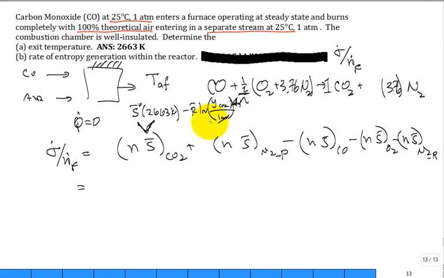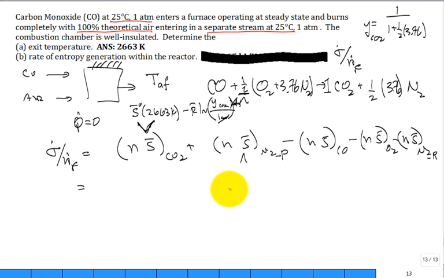They cancel. It's just the natural log of the mole fraction of the CO2 in the products. All right. What's the mole fraction of the CO2 in the products? I forgot to put the half here, didn't I? Is it 1 divided by 1 plus 1/2 times 3.76? Yes or no? Yes. You're right. That's what it is. So that's how you get the mole fraction.